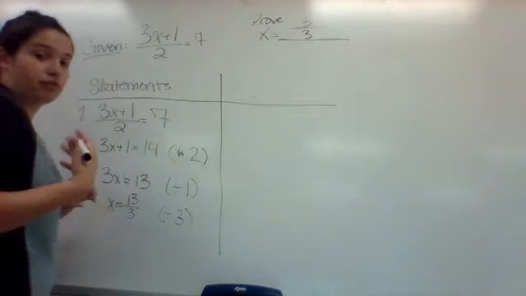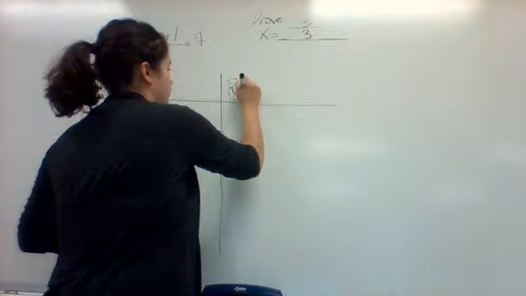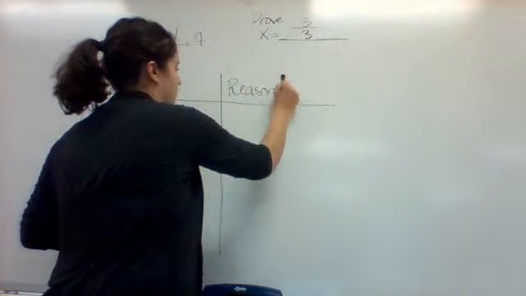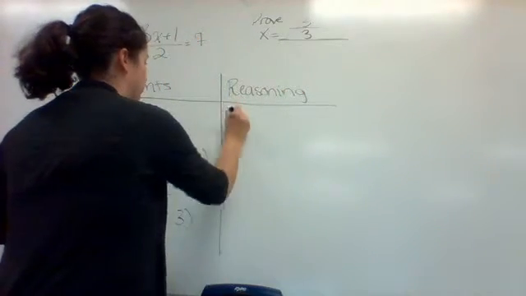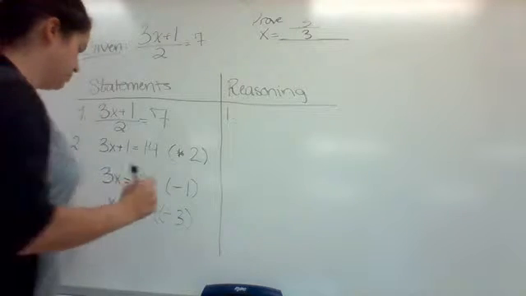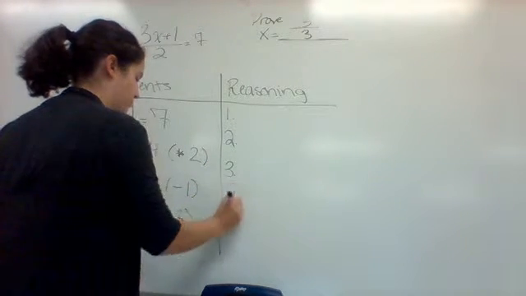What is left for me to do is to provide my reasoning in the other column. So for my reasoning, I would go through and have identical numbers to what I have on my side: 1, 2, 3, 4.